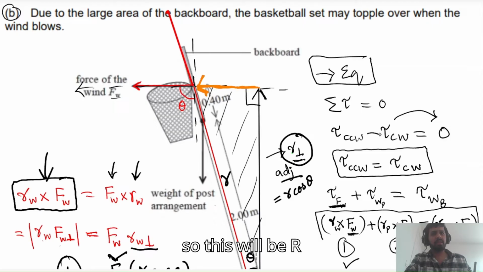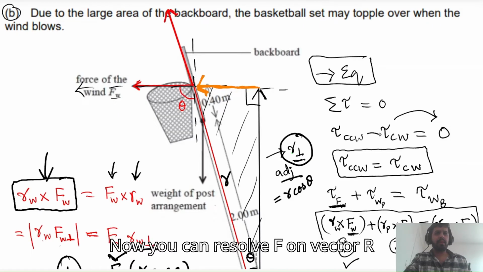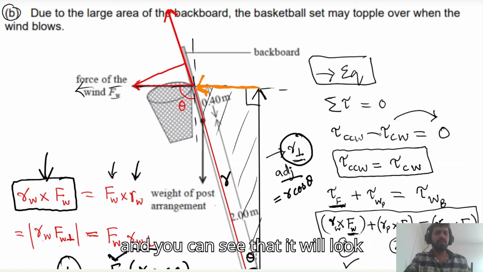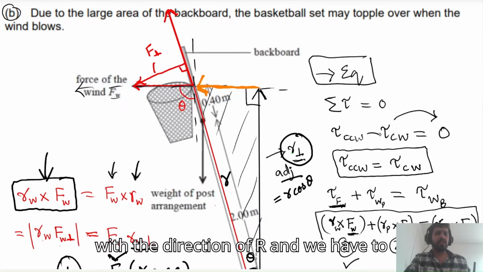So this will be R. Now you can resolve F on vector R, and you can see that it will look something like this. And you can see this component is F perpendicular because it's making 90 degrees with the direction of R. And we have to find this component.